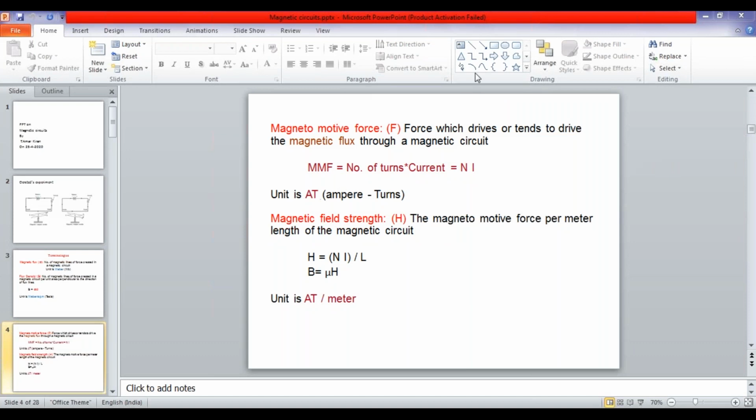The important things to be kept in mind are that the MMF is equal to N into I, and magnetic field strength H is equal to MMF by L per meter. And an important interlink between B and H is that flux density is equal to permeability mu into magnetic field strength H.